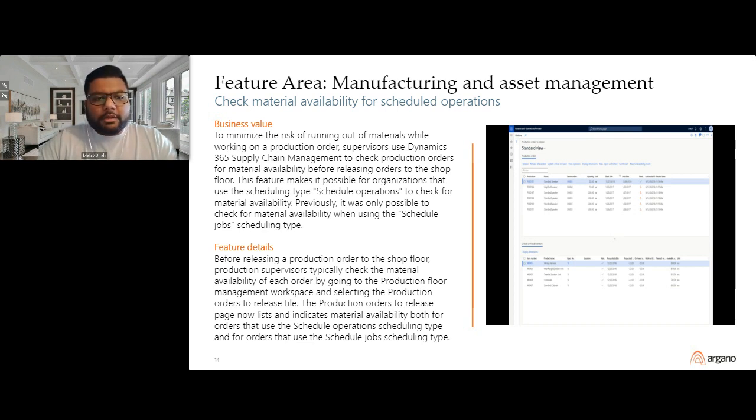The production order to release page now lists and indicates material availability both for orders that use schedule operations and batch scheduling as well. So we will have on the right top corner a new tab called Material Availability Checks. So you can select the production order, which is using scheduled operation, and you can check the material availability before you release the order.